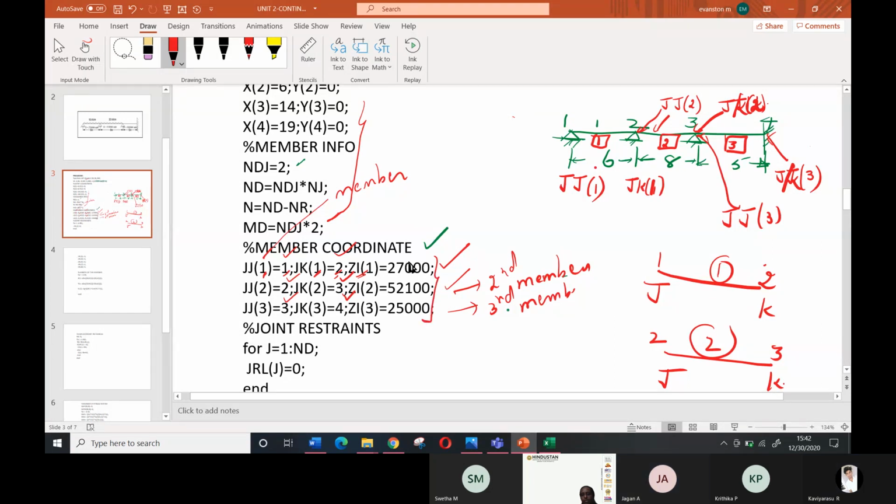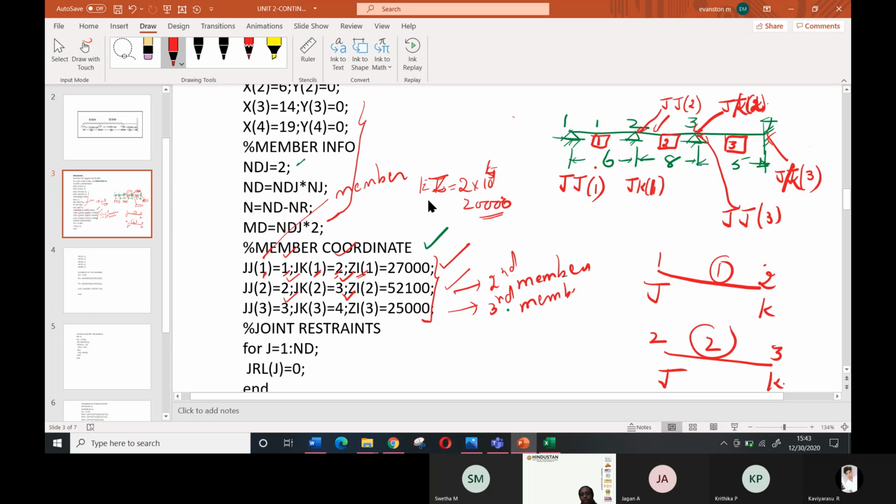For that problem, you take that value, that is the EI value. You take EI as 2 into 10 power 4, that is 20,000. Throughout, it is common for all the members.